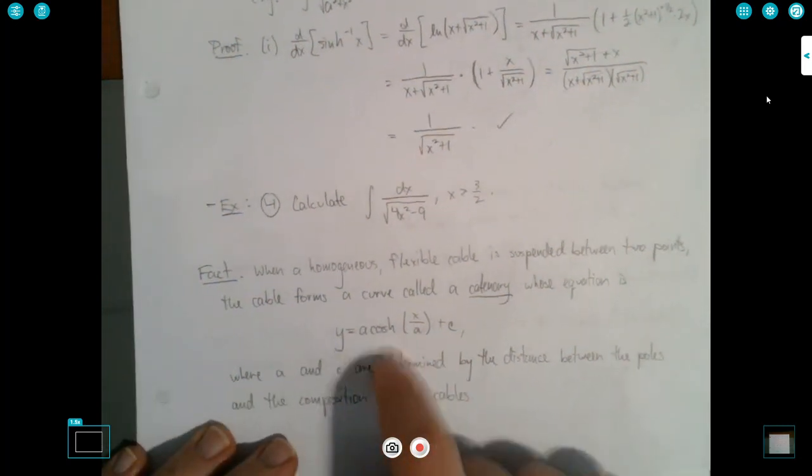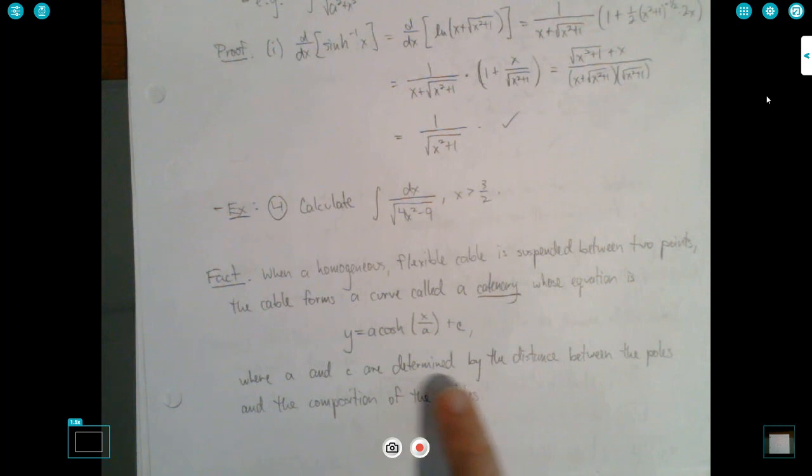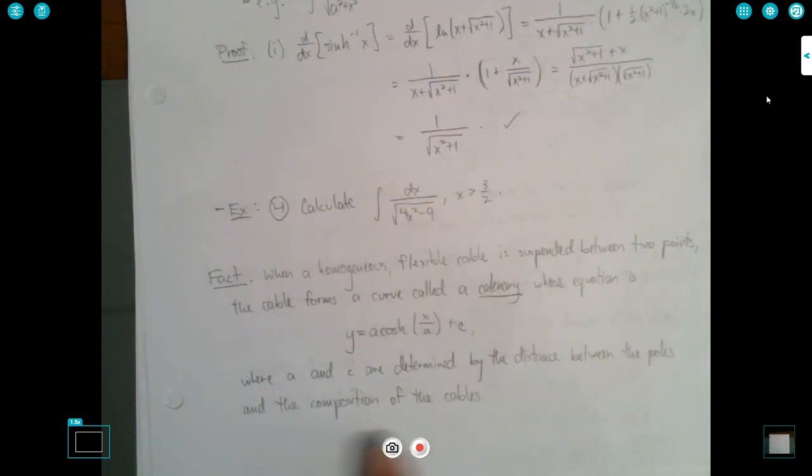So it's a hyperbolic function. A and c are determined by the distance between the poles and the composition of the cables, what they're made out of, their thickness and so forth.